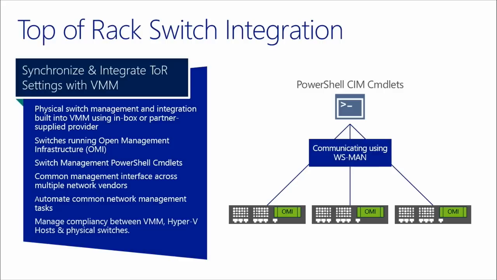So VMM can issue commands through WSMAN, communicating through OMI, the Open Management Infrastructure, enabling us to automate and control much of the switching infrastructure, physical switches here, and integration with VMM. So it helps us to manage that compliancy between VMM, Hyper-V hosts, and the physical switches, ensuring that, for instance, VLAN ports are correctly configured on the switch, on the Hyper-V host, and from a VMM perspective.